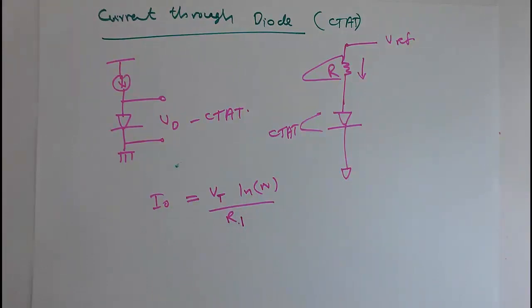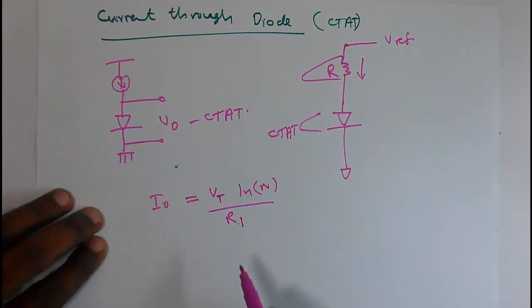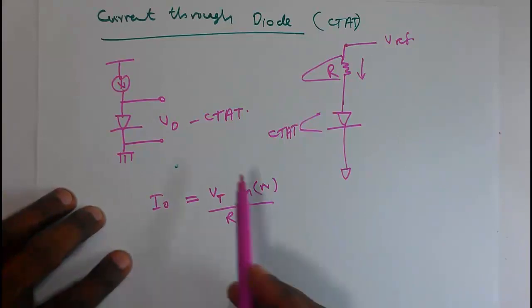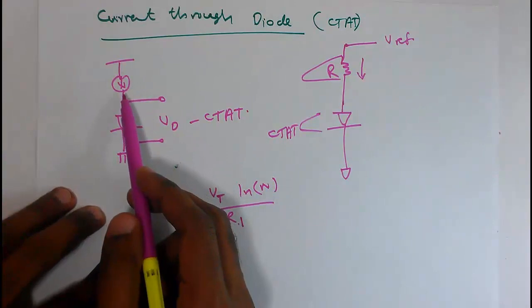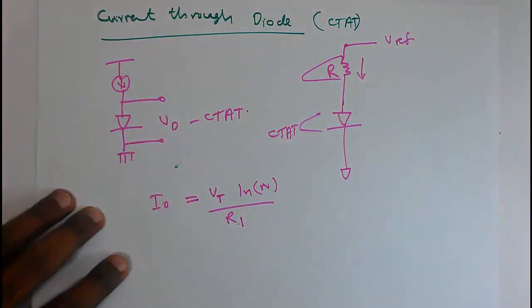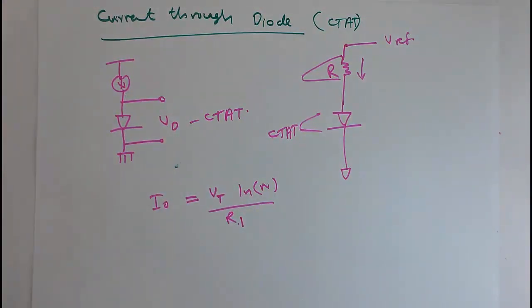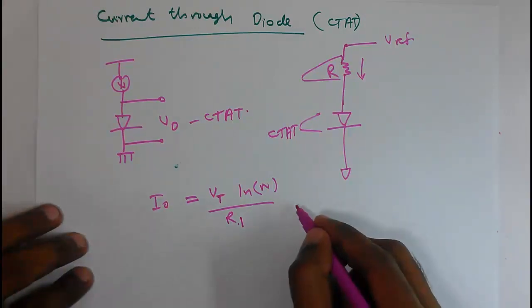So here is the issue. When we developed the CTAT, we said the current is independent of temperature, that is, the current is a constant. That was our theory. Then when we designed the circuit of BGR, the current which is actually passing through the diode is PTAT in nature. It is a PTAT current.